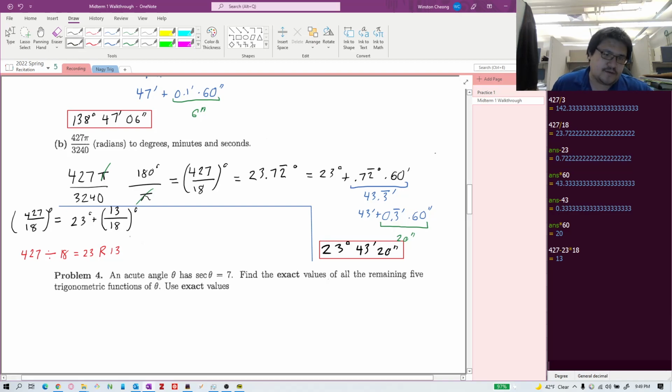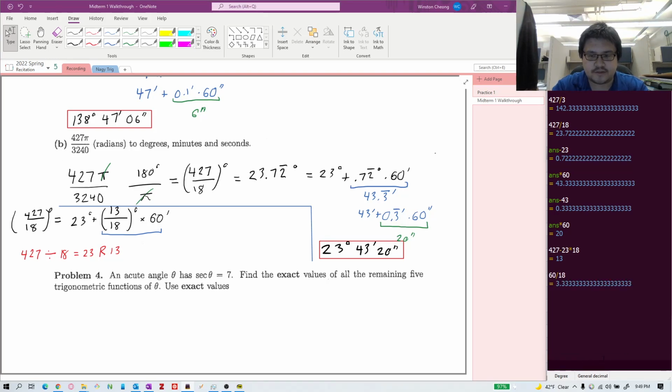Okay, so that's fine. And then this is the fractional part. We need to multiply this by the conversion factor, 60 minutes, which will convert this whole thing into minutes. Let me color code this a bit. What happens to the denominator? 60 divided by 18.